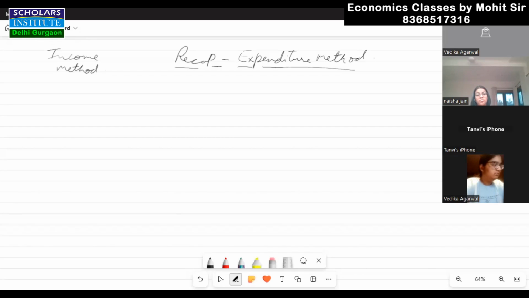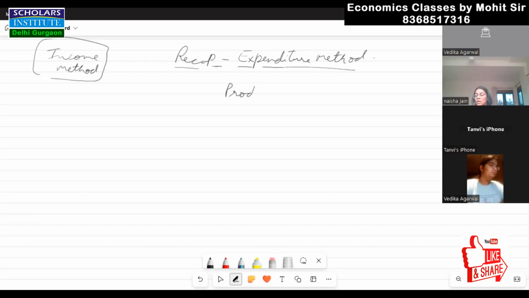Okay. So income method we have already discussed, and expenditure method we have to do. In the expenditure method, as I discussed in the last class also, if we look at the process of the whole production activity that goes on in the economy, firms do the production, and for production they require factor services for which they give factor payments.